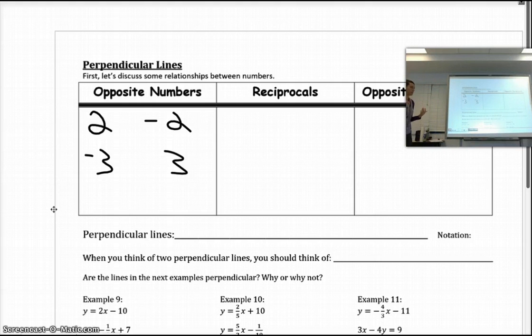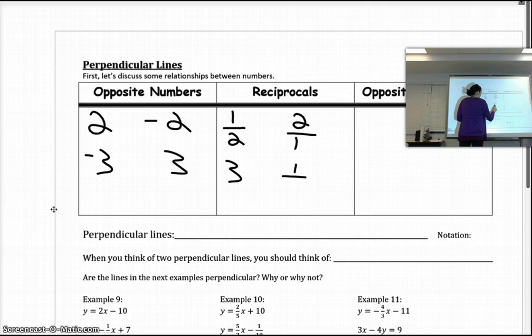That's all opposite means. Now how about reciprocal? What's the reciprocal of 1/2? 2 over 1, or 2. What's the reciprocal of 3? 1 over 3. What's the reciprocal of 2/3? 3 over 2. So you're just flipping the fraction. That's what reciprocal means.